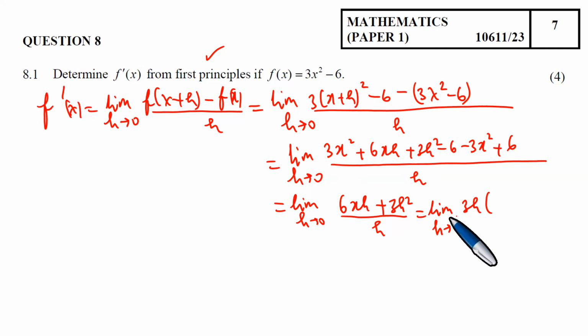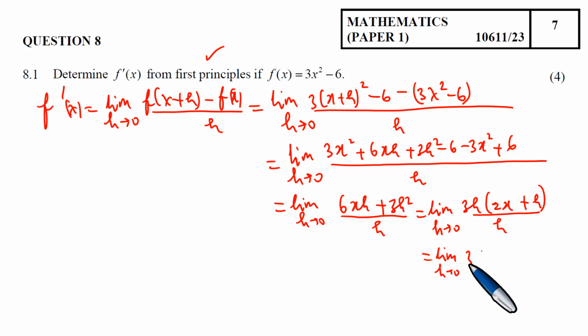Right. So at this point, then you pull out 3h. When you pull out 3h at this point, what are you left with? You're left with only 2x, and here you have only h, like this. We divide everything by h. So this is the limit as h tends to 0 of 2x plus h.